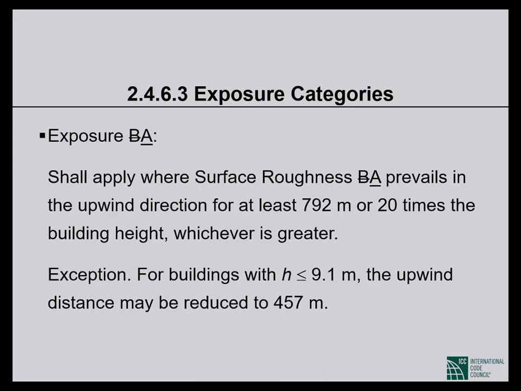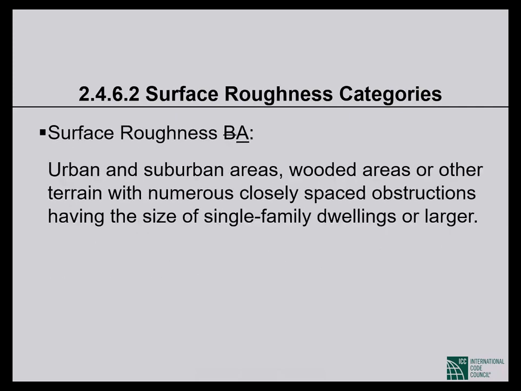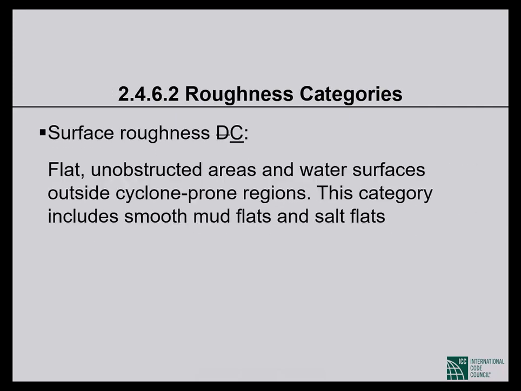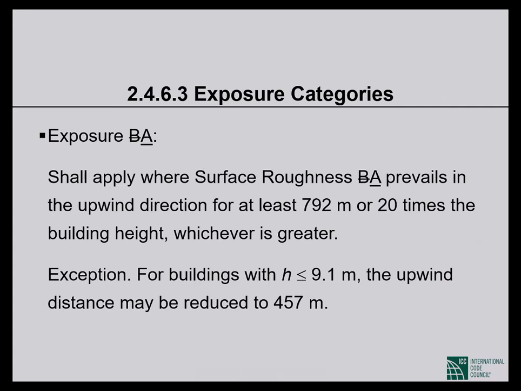Okay, so those were surface roughness categories A, B, and C. Now exposure A, B, and C. Exposure A shall apply where surface roughness A prevails in the upwind direction, always upwind, for at least 792 meters or 20 times the building height, whichever is greater.